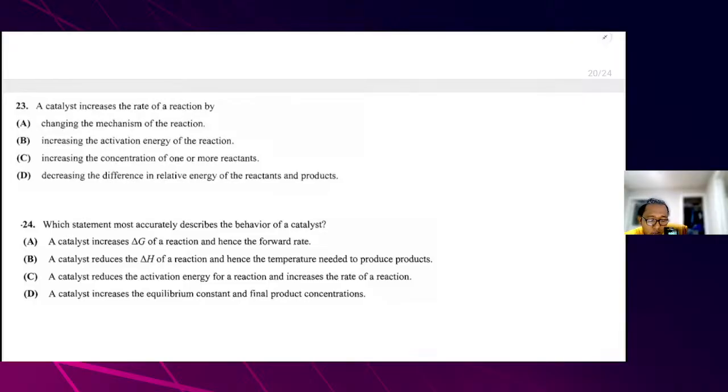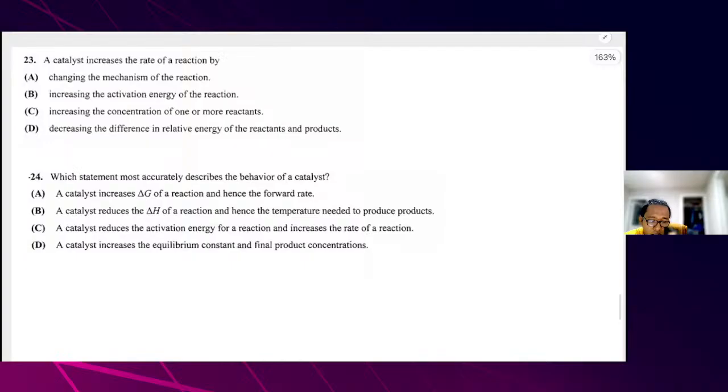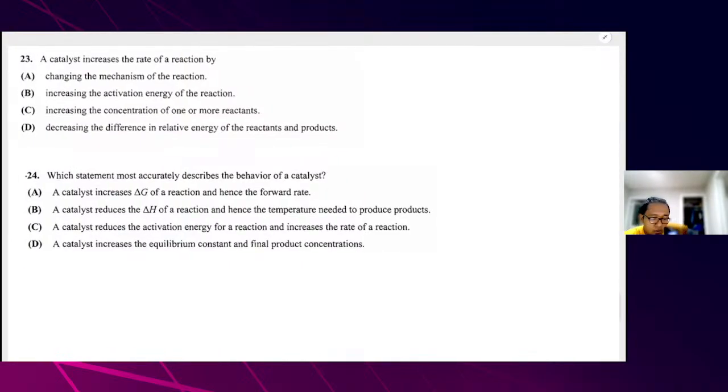All right. Number 23: a catalyst increases the rate of reaction by changing the mechanism of reaction. Yes. Increase the activation energy? No, lowering. Increase the concentration?